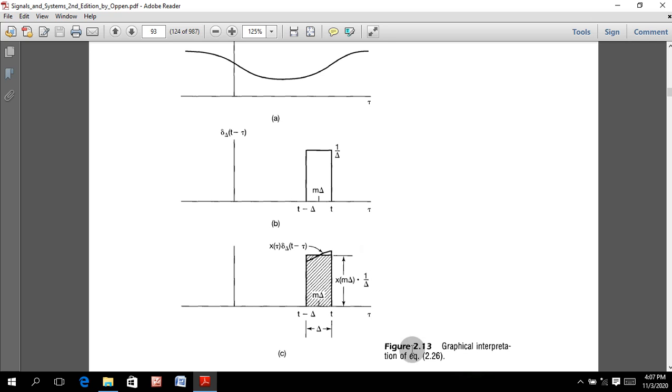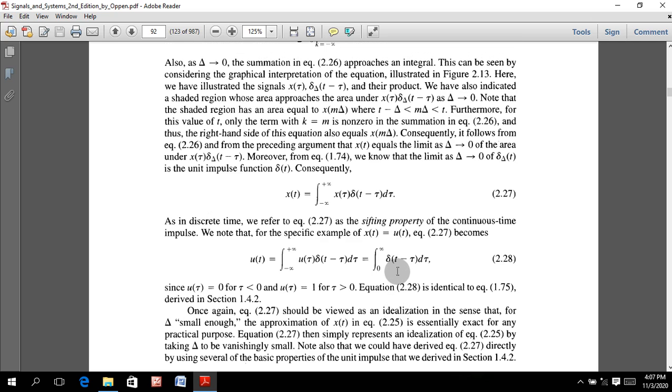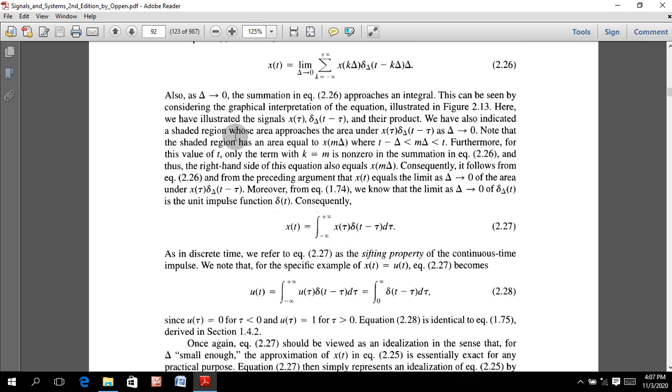So now if we proceed, as del tends to 0, the summation in equation 2.26 approaches an integral. This can be seen by considering the graphical interpretation of the equation. Here we have illustrated the signal x tau, del of t minus tau, and their product.